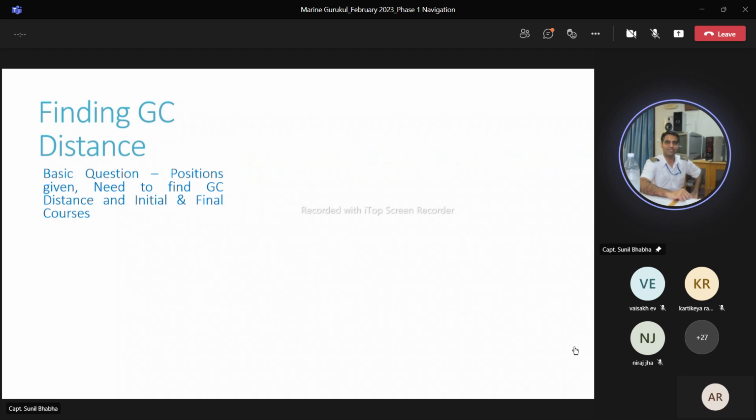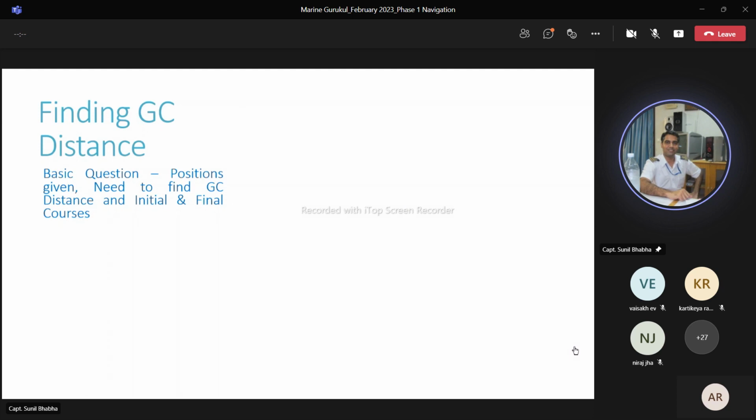So in a basic great circle question, they ask us to find out the initial course of the vessel when it starts from its initial position and the final course of the vessel when it reaches its destination.